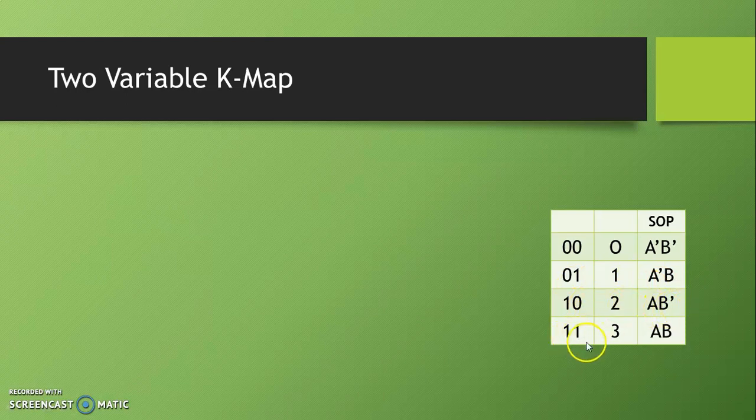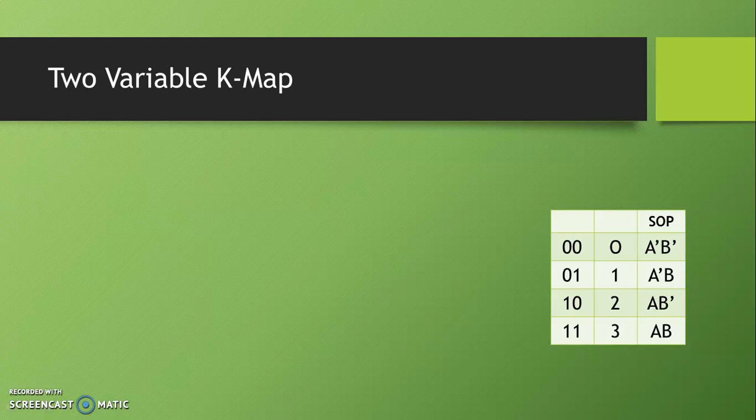And for 1 1, it is AB. So again I repeat, 0 means complemented and 1 means uncomplemented. And all these product terms will construct our K-map with either 2 variables, 3 variables or 4 variables, and we take the SOP expression of the Boolean function as a base.